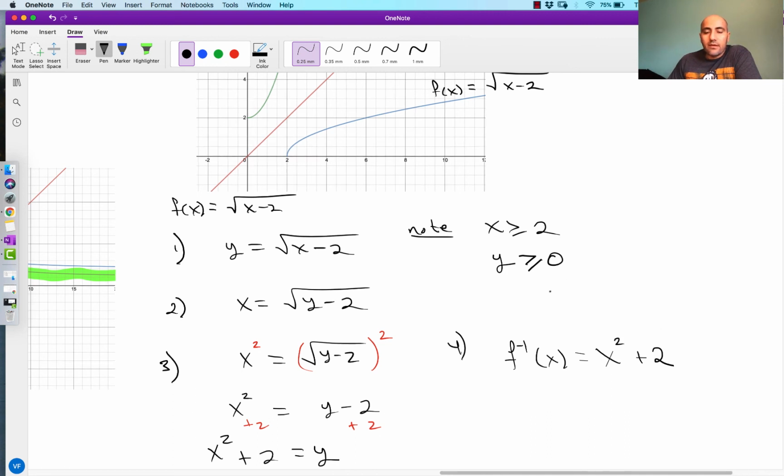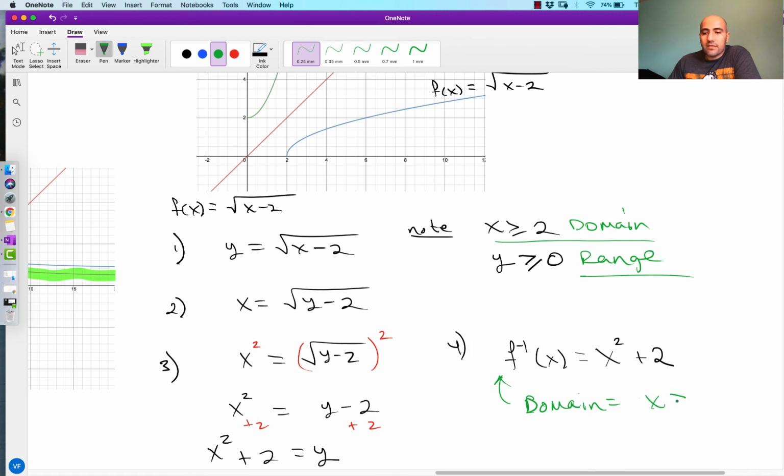But keep in mind that if this was the domain of the original function, domain of f of x, and this was the range of f of x, that means that these things switch around. That means that for the inverse function, the range and the domain have flipped, so the domain is going to be x greater than or equal to 0, right?